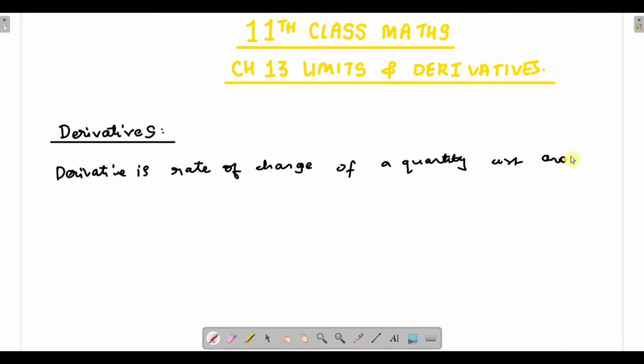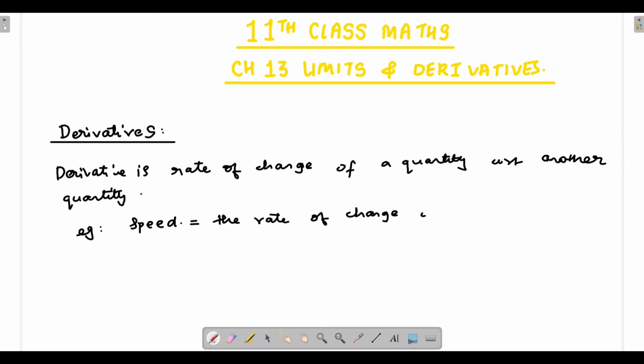Okay, so for example, if you look at speed, now this is nothing but the rate of change of distance with respect to time, right?